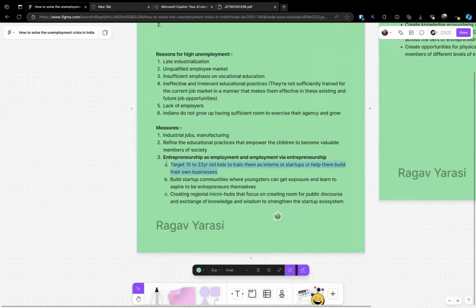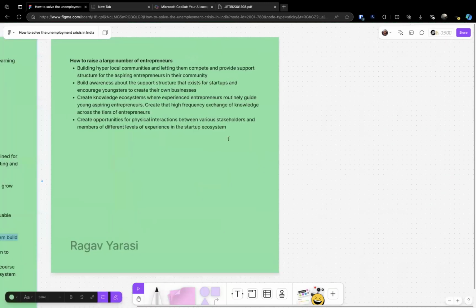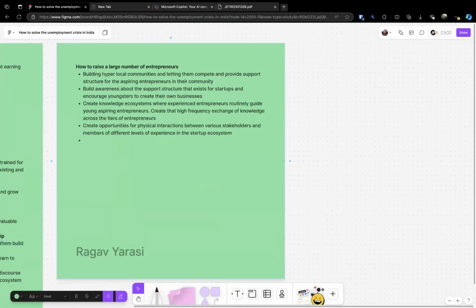Obviously, the 22 to 27-year-olds are also very important, but there is very little we can do to bring a large amount of change to them. So we have to slice the problems into the ones that we can have an effective impact on. I think that is how effective brainstorming works. You focus on the things that you can do to mitigate the problem.